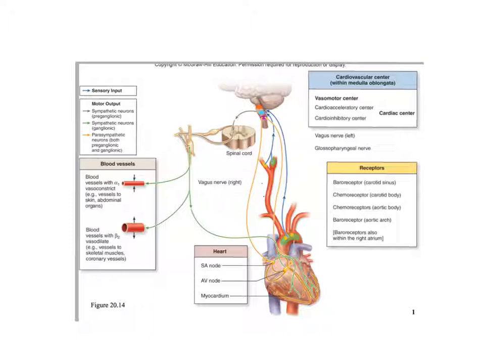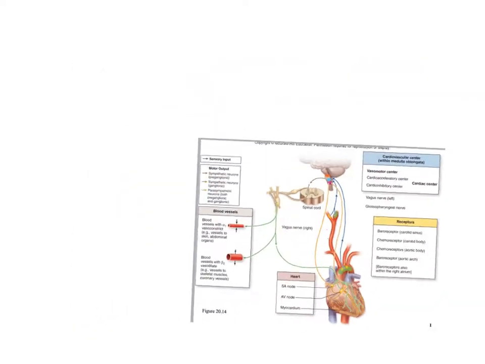First off, how can we control blood pressure in general? What is blood pressure equal to? Think about the equation. Heart rate affects what? Cardiac output multiplied by peripheral resistance.